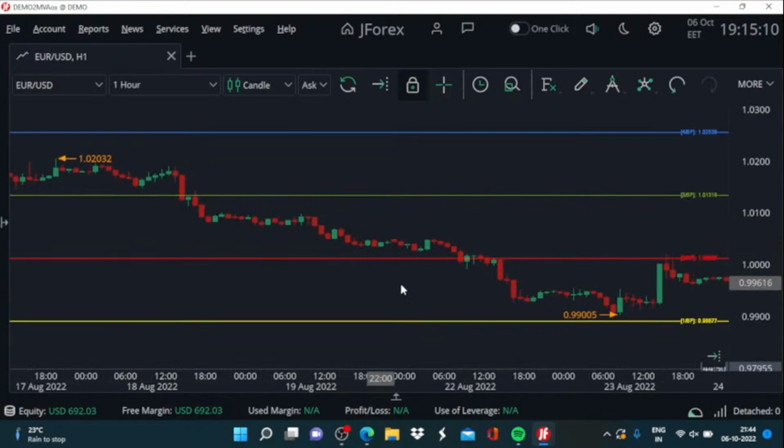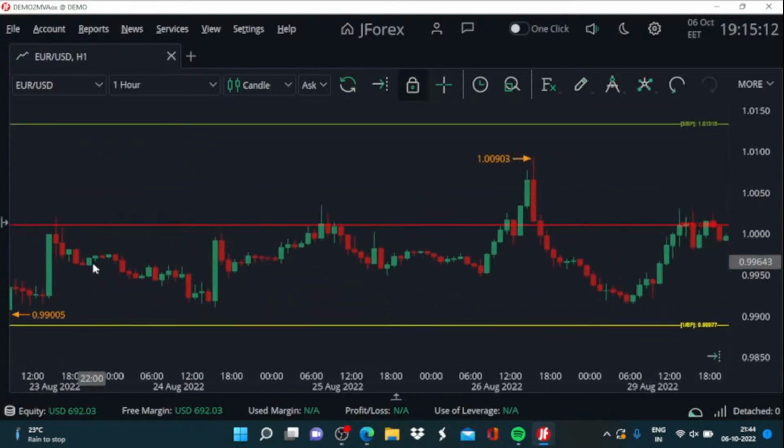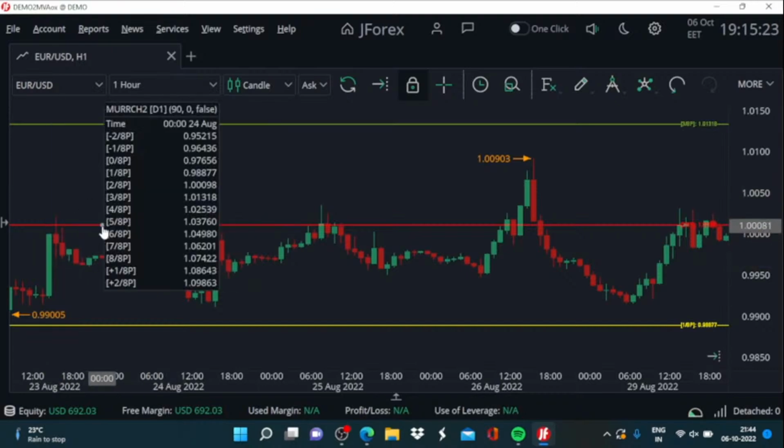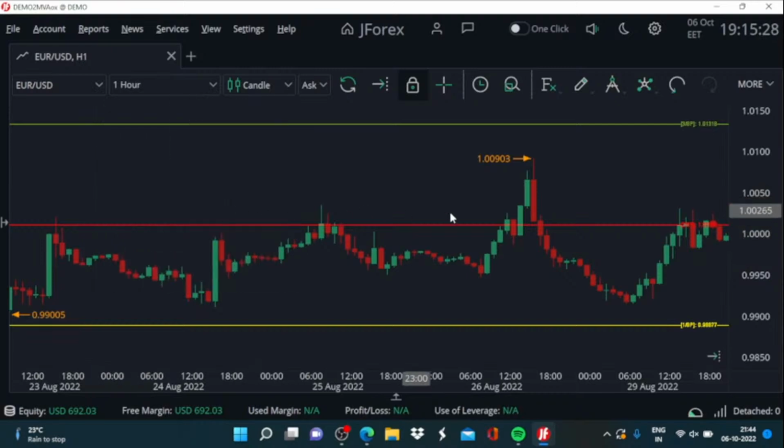So suppose if we go back in time, on many occasions we can see that various of these lines are going to be varying from time to time. Here we had this second of 8 pivot point line acting as the resistance zone.